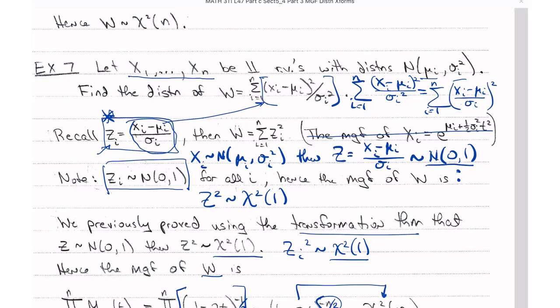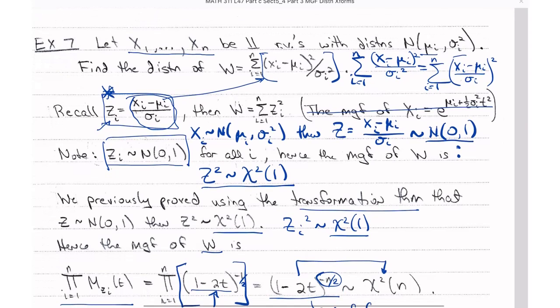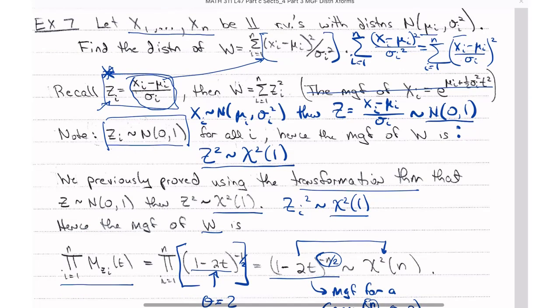When we square a standard normal distribution, we get a chi-squared distribution. And previously we proved that when you add up independent chi-squared distributions, you sum their degrees of freedom to get the chi-squared distribution of the sum.